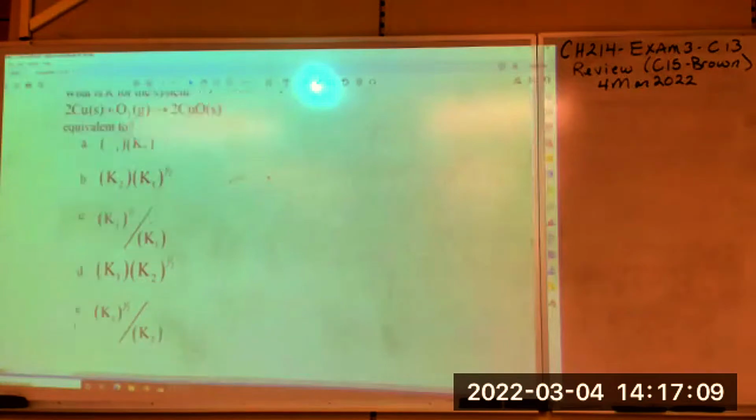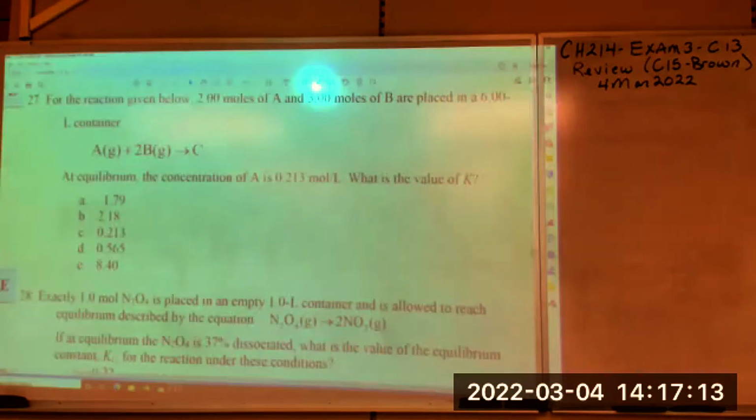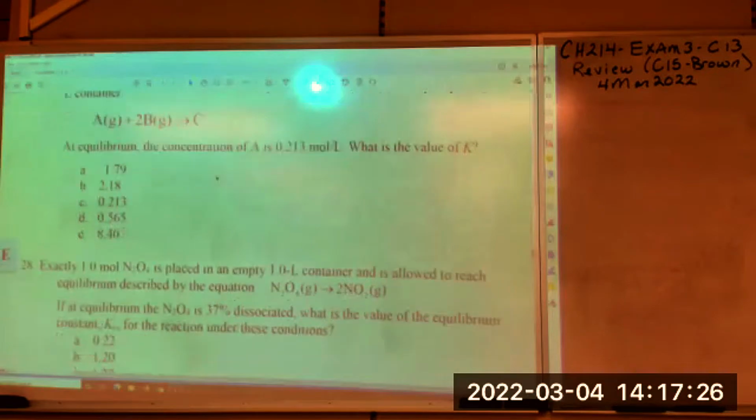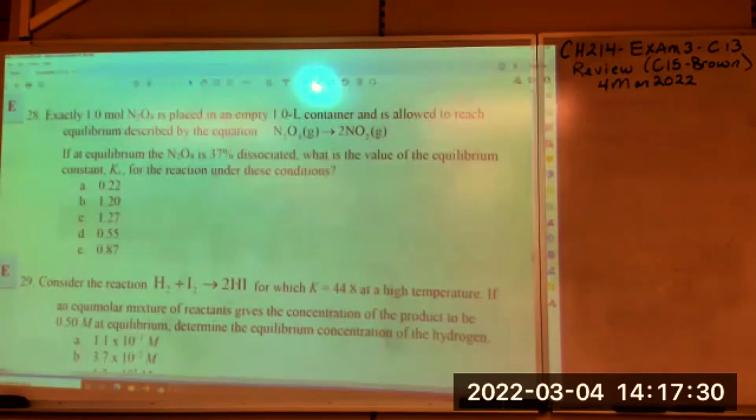Let's scroll to the next one. Let's see if we need to do this one. For the reaction given below, 2 moles of A and 3 moles of B are placed in a 6-liter container. At equilibrium, the concentration of A. What's the value K? You can do that one. That's nothing new. 28.